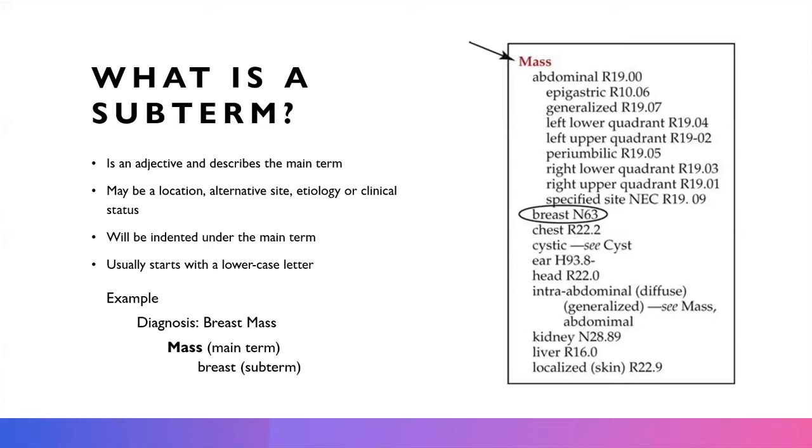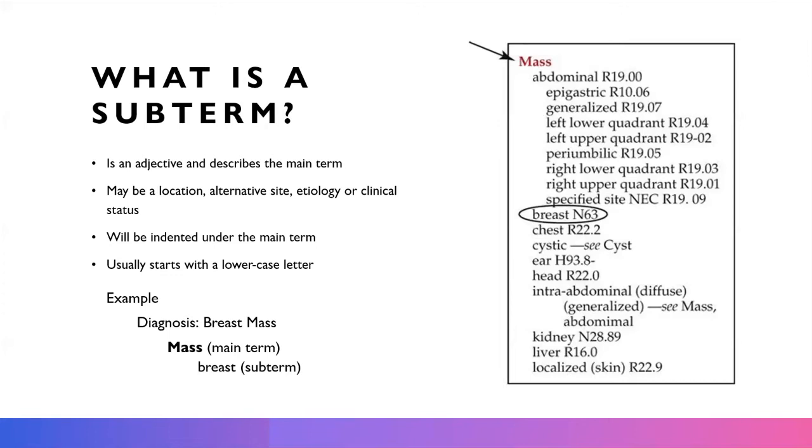As you can see on this example, which I also had on the previous slide, there is a picture on the right-hand side, and this is what it would look like in your ICD-10-CM codebook. Mass is the main term. It's bold-faced. In the codebook, it may even be a different color. It also starts with a capital letter.